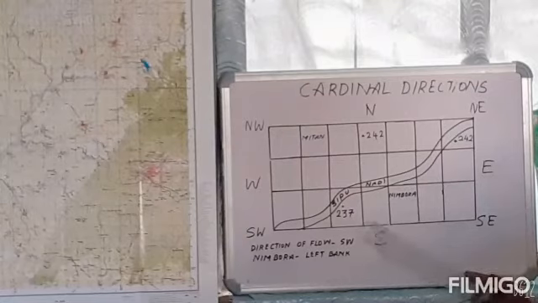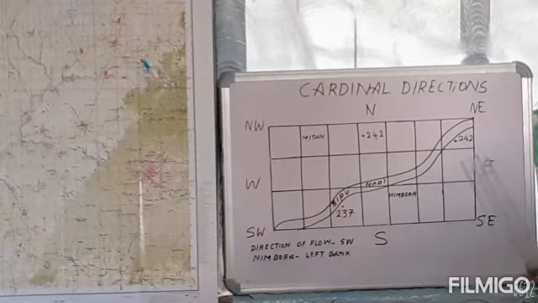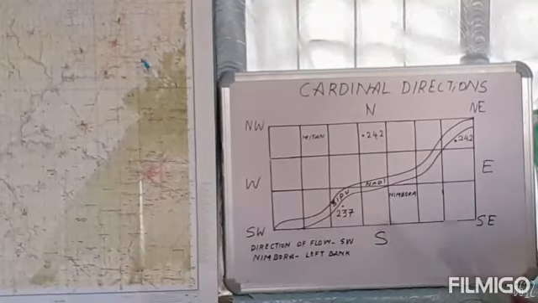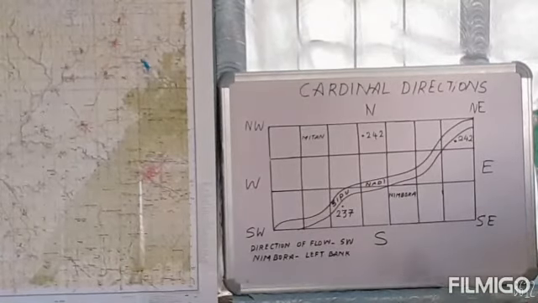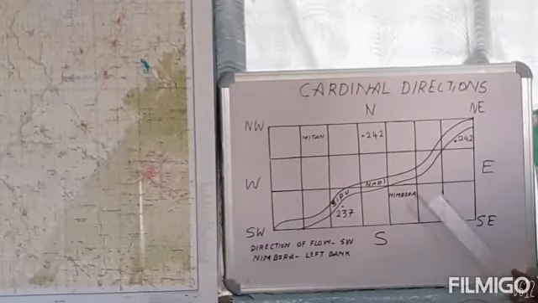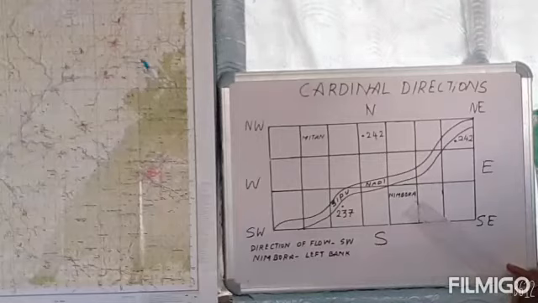Spot heights 237, 242, settlements of Mithan and Nimbora and Sipu Nadi. Here the question is, what is the flow of direction of Sipu river and on which bank of Sipu river is the settlement of Nimbora situated?